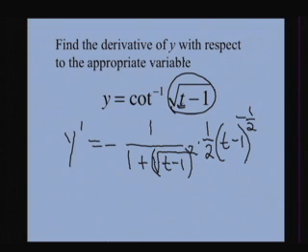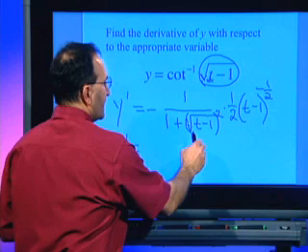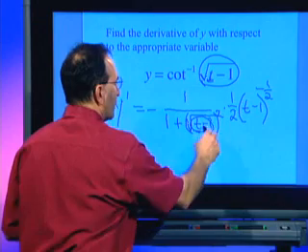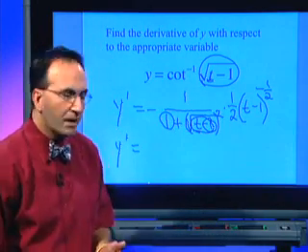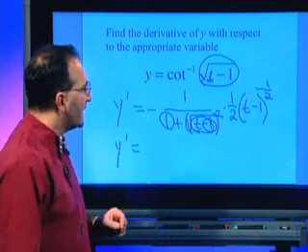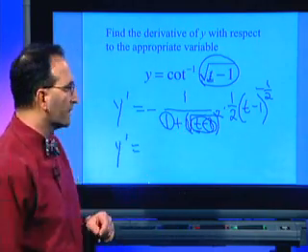Let's simplify this. What we'll have is y prime equals, again, when you square a square root, you're just going to get this, and so the 1's are actually going to add up to 0, which leaves us with just a t in that denominator.